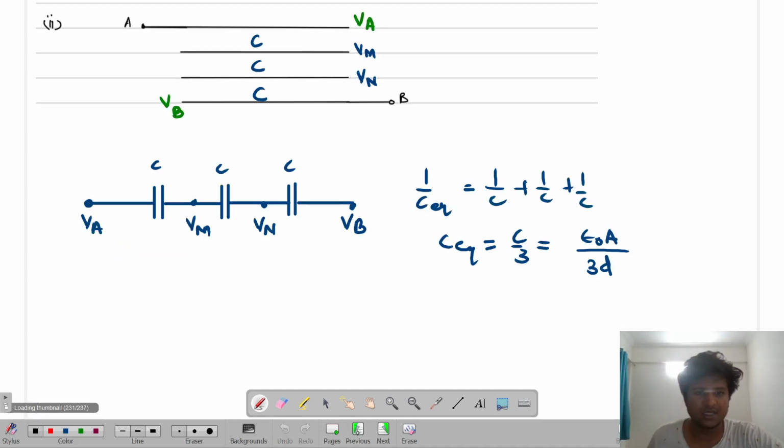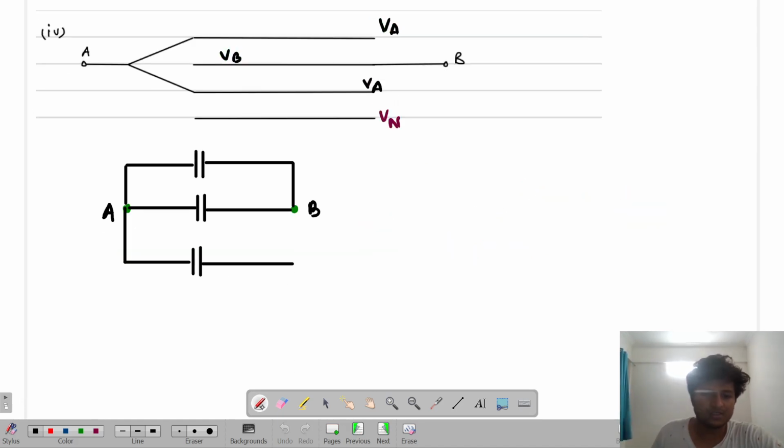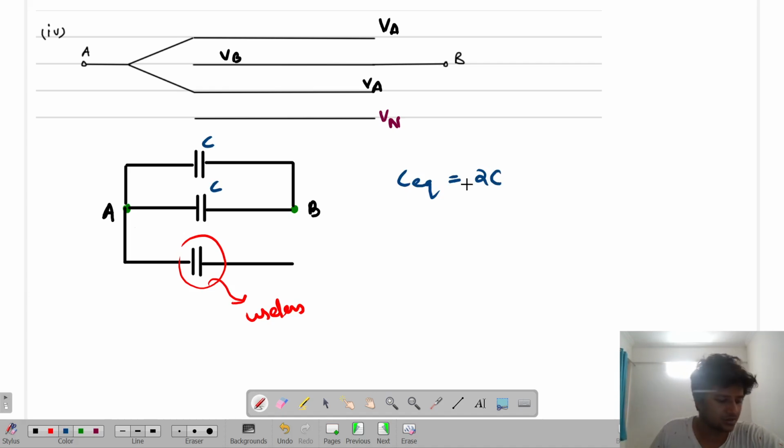See, previously here the end B was there, so I got to know that I have to find between A and B. But here the problem is it is just there. So that means this is useless, because I have to only find between A and B. Got it or not? So this is C. This is C. Once again C. 2C.